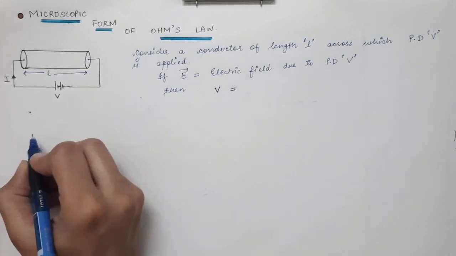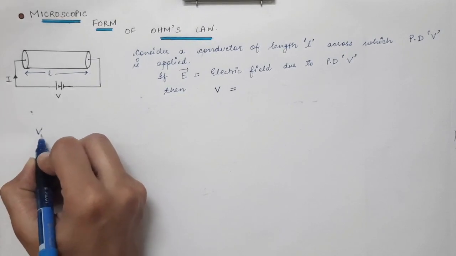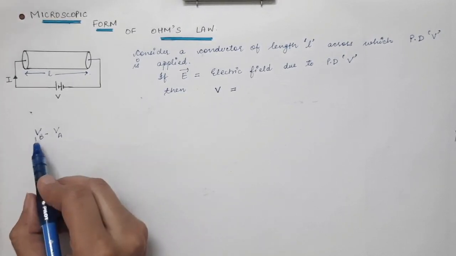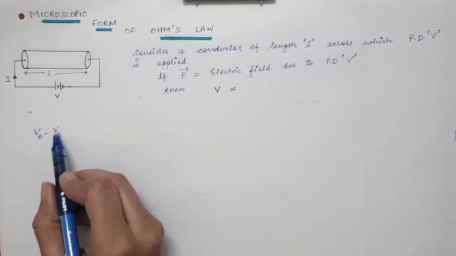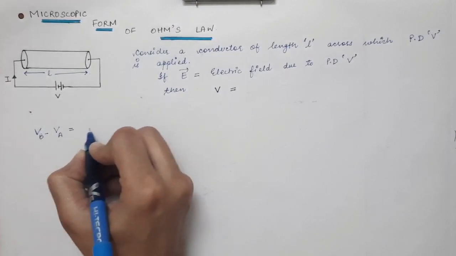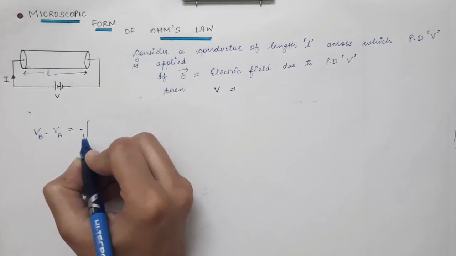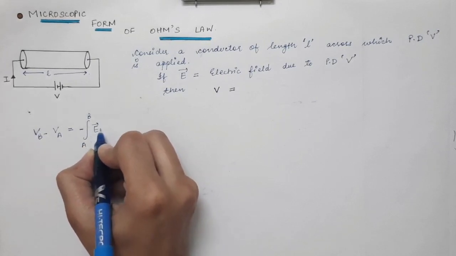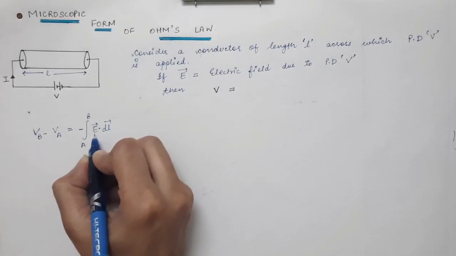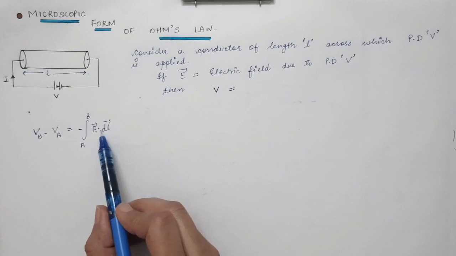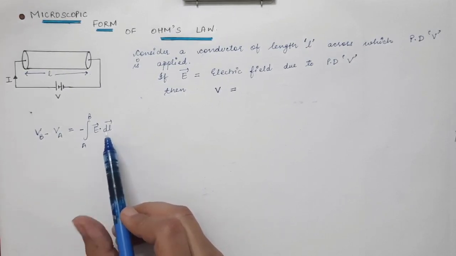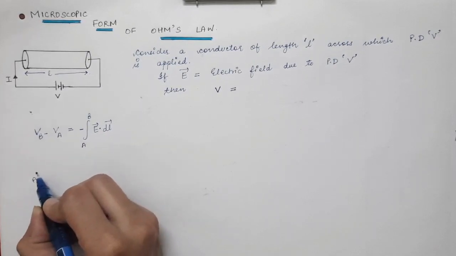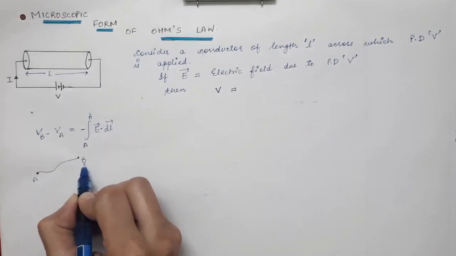That formula was VB minus VA, the potential at point B minus the potential at point A, is given by minus the integration from A to B of the line integral of the E vector dot dl vector. This formula comes when we are moving from one point A towards another point B in space.